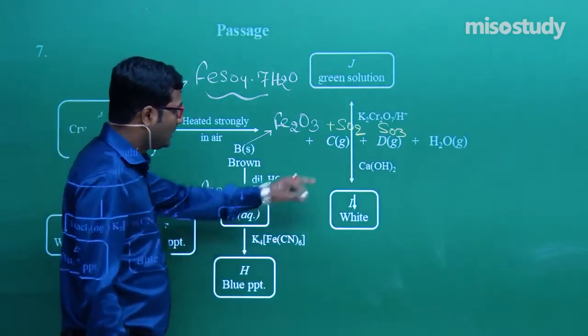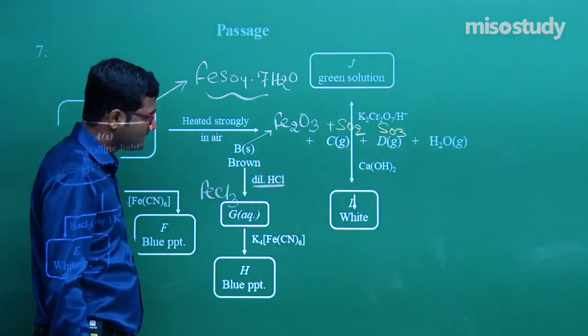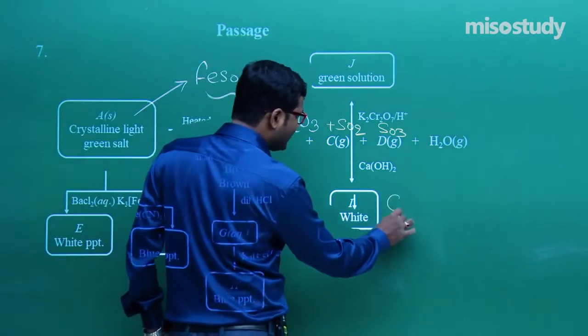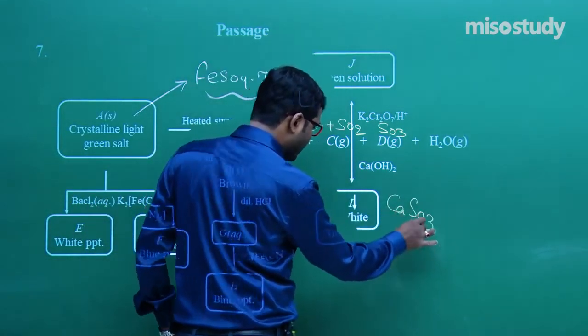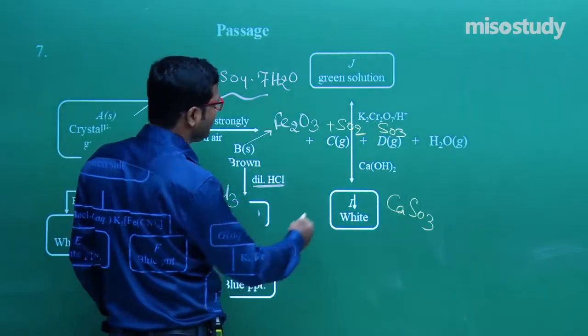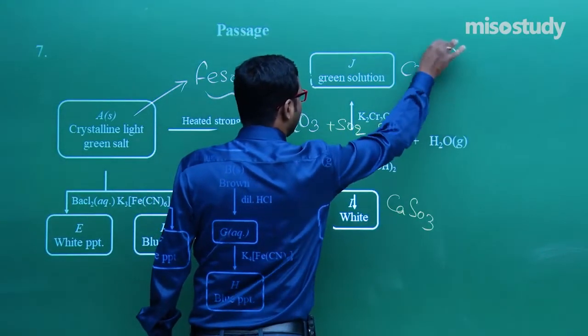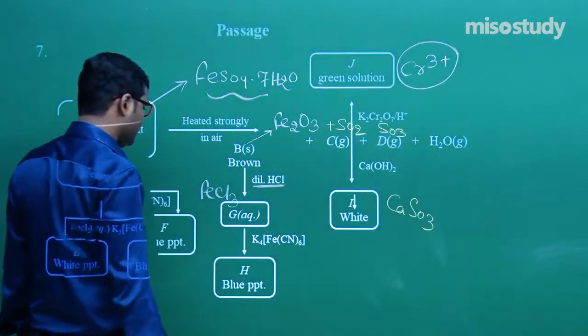Clear? Now when SO2 is treated with Ca(OH)2, it gives you CaSO3. Okay, it is a white precipitate. When treated with K2Cr2O7, a green solution appears due to the formation of Cr3+ ion. Yes, clear to you?